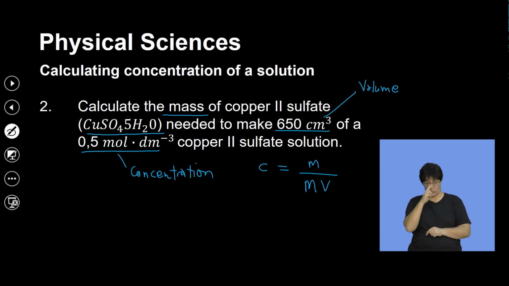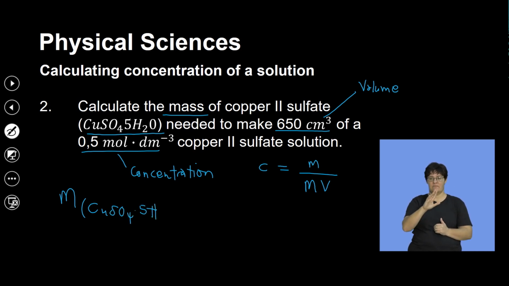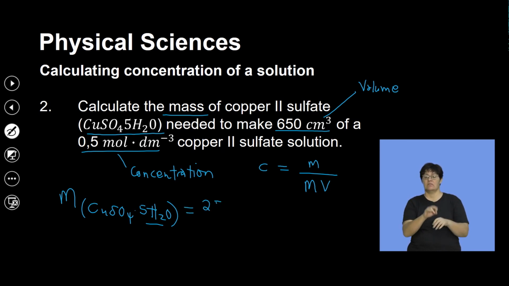So if we go to our periodic table, we'll get the molar mass of hydrated copper 2 sulfate, the formula CuSO4 with 5 moles of water of crystallization. So this is the water of crystallization. If you carry out the calculations from the periodic table, you get a value like 250 grams per mole, right?